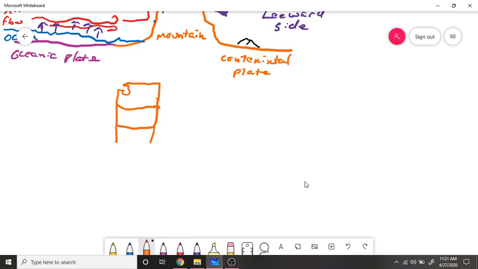This is not to scale. We have Washington on the top, Oregon, and California. Here in Washington and Oregon are the Cascade Mountains.